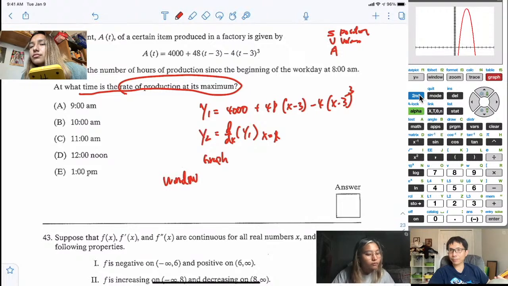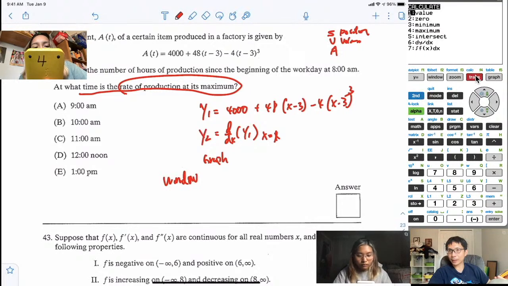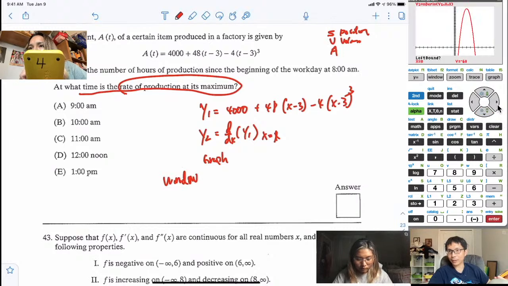And then how do I find a peak? I'm going to do second calc, something called maximum, because we're finding a maximum rate, since this is a rate function now. So I can find the peak. I press enter, enter, and I should get 3, right?